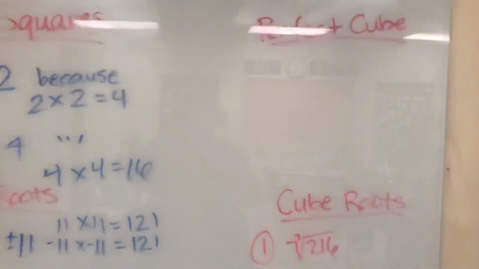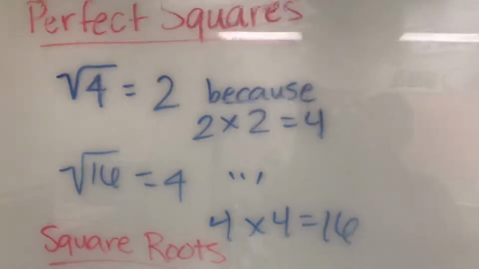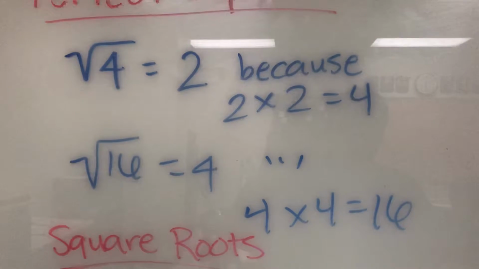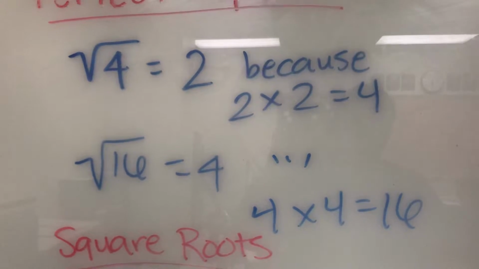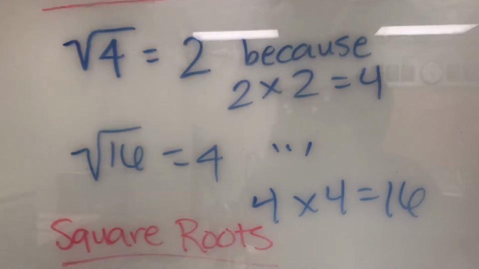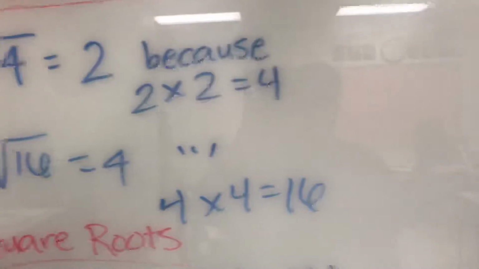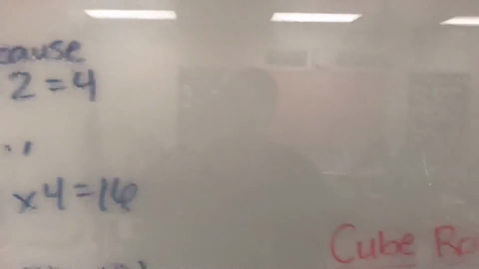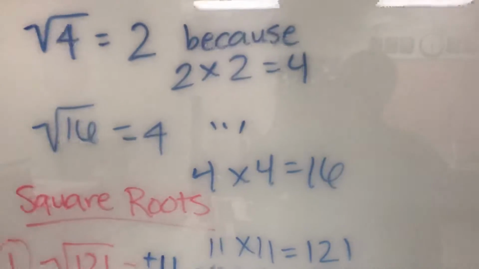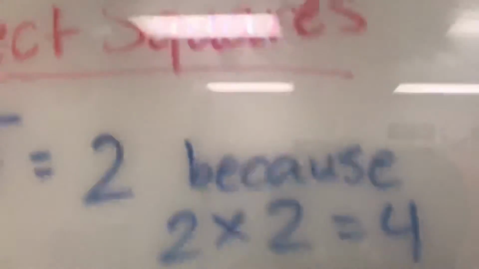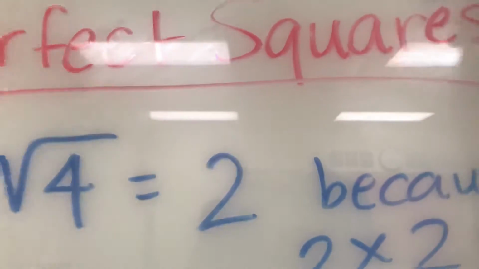Now we're going to get into perfect cubes. So if a perfect square is a rational number that has a square root as a whole number, then we know a perfect cube is also a rational number that has a cube root as a whole number. Okay? So when we think of squares, we're going to think of 2.